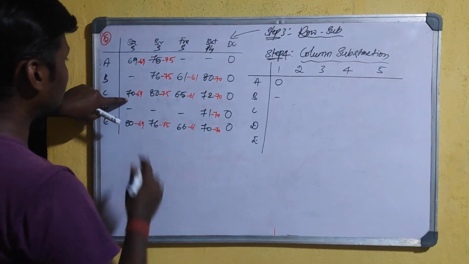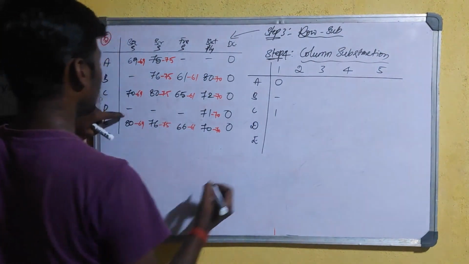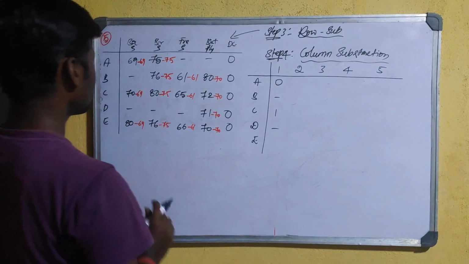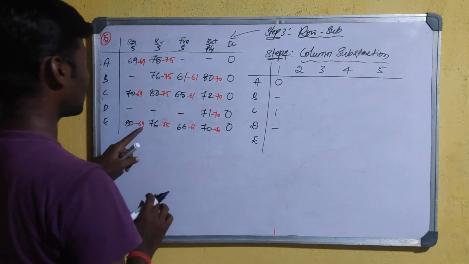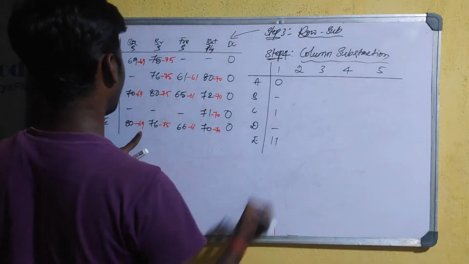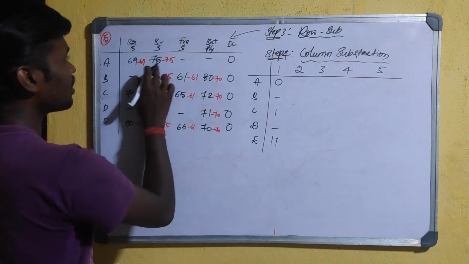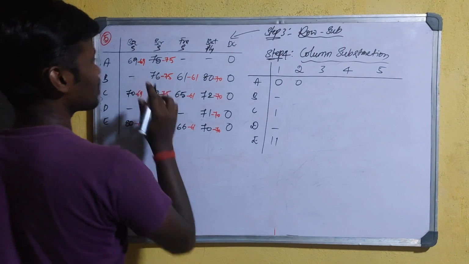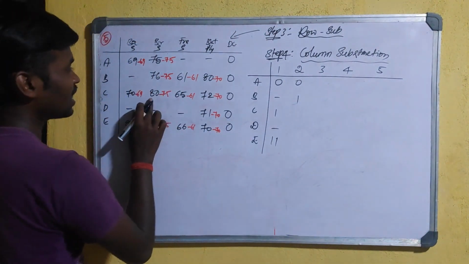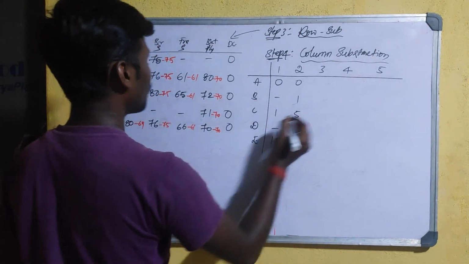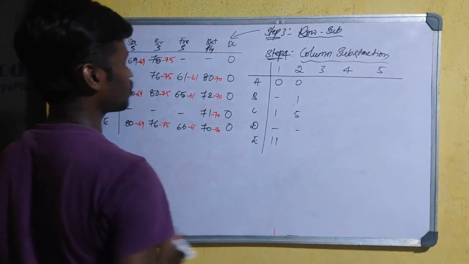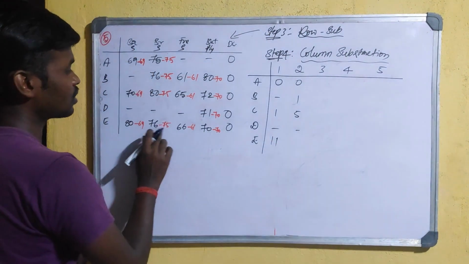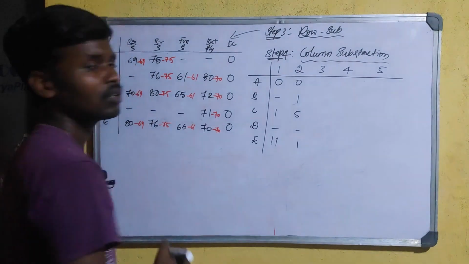Next, 70 minus 69, 1. Next, we have to prohibit this cells. Next, 80 minus 69, that is 11. Okay, next, 75 minus 75, 0. 76 minus 75, 1. Next, 80 minus 75, 5. Next, we have to prohibit this particular cell. Next, 76 minus 75, again 1.